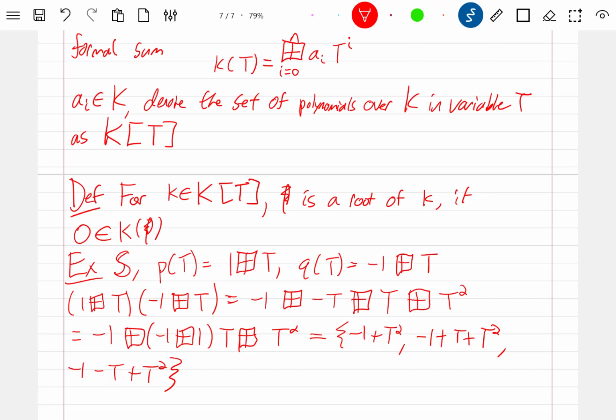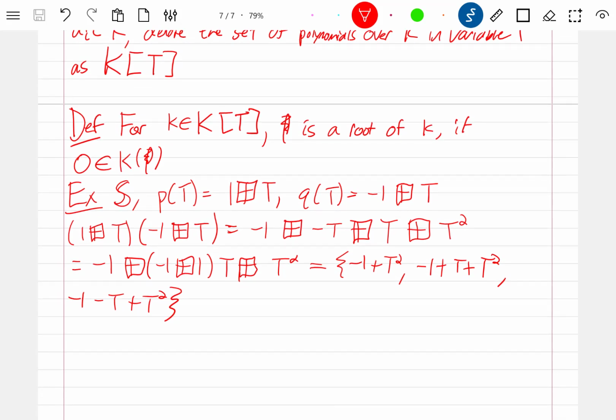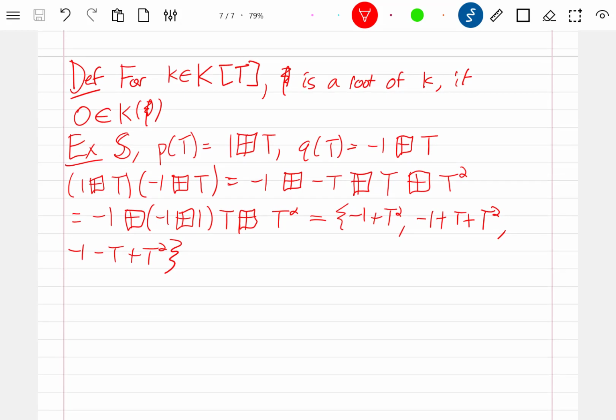So this negative 1 plus 1 in the middle, this cross term here, is what's causing multiplication to no longer be single valued. So this is no longer a hyperfield or even a hyperring. But there are people who've studied things that have both multi-valued addition and multiplication.